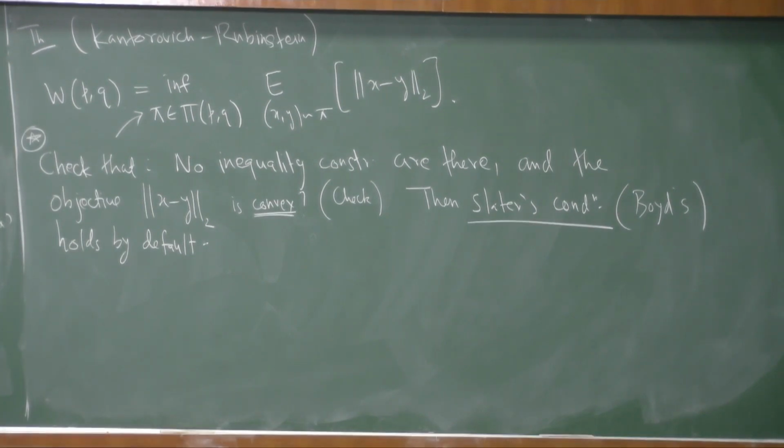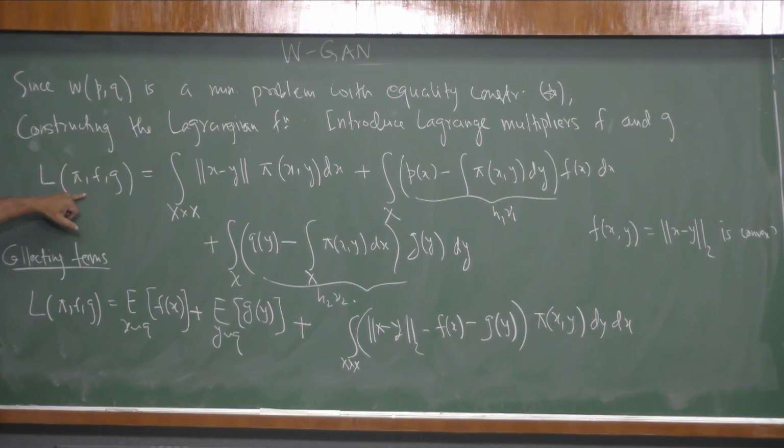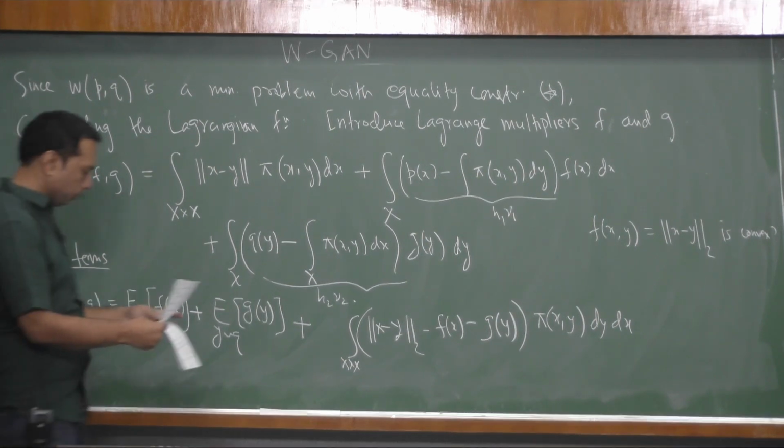So, the next trick that we are going to do: obviously we have formed a Lagrangian, and then we want to do an inf of this over pi, and then a sup to get to the actual optimal value, which is W. But we will invoke the fact that strong duality holds, and we prefer to switch the inf and sup because it helps in the calculation later on, we will see.